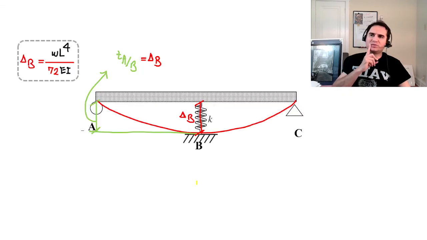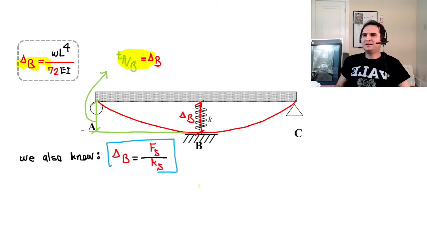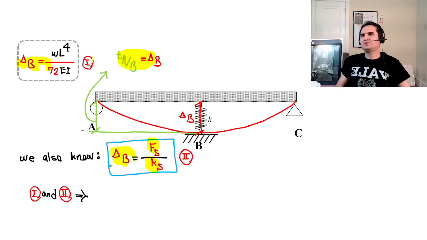As soon as we know W, that's a good part of this problem. We also know delta B, as we talked about, it's Fs over Ks. So if we call this equation 1 and this equation 2, if you just rearrange and rewrite it based on Ks, it gives you the stiffness of a spring, which is force over delta.